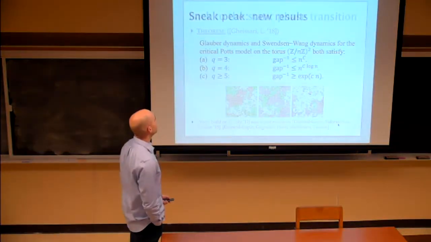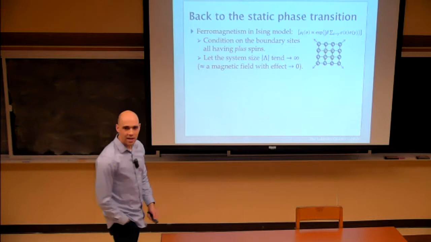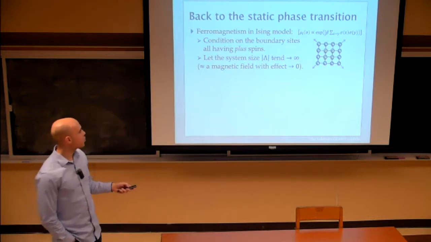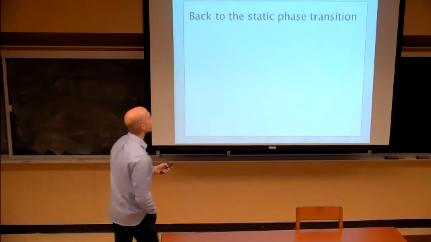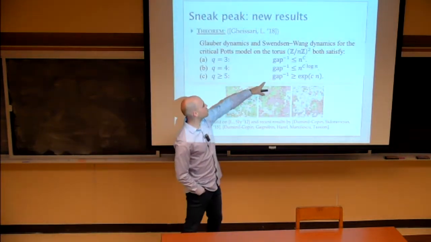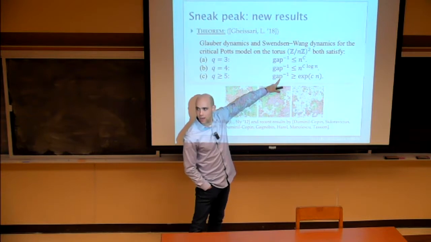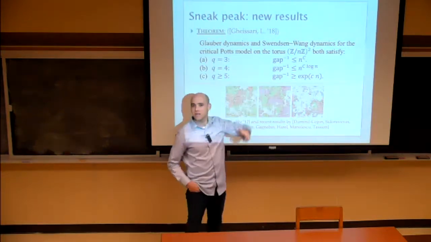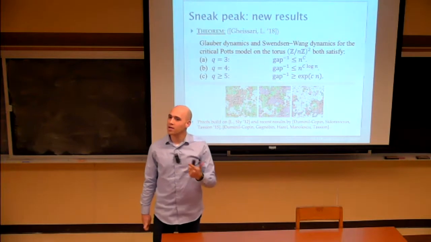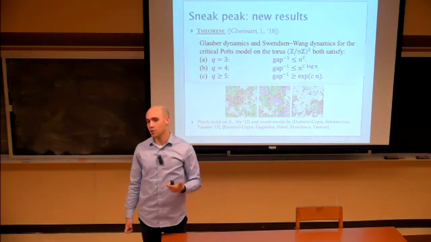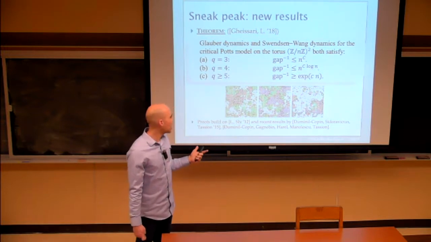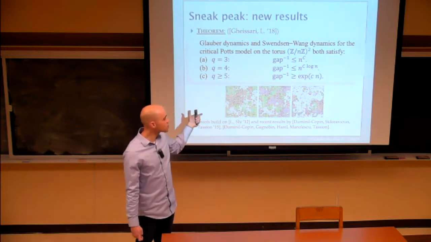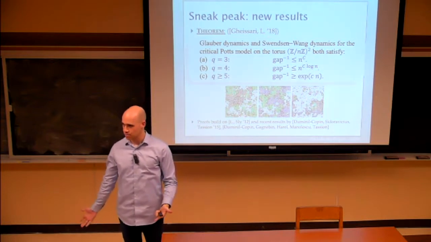Okay, now I did want to give you the essence of at least one of the proofs, and in order to do that, I thought I would focus on the lower bound that is exponential, but I can't really do that, so I will first just show those of you, I think some of you have not even seen, the Peierls argument that shows that the Potts model even has a phase transition.